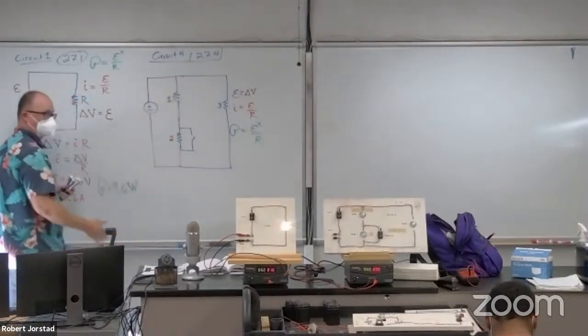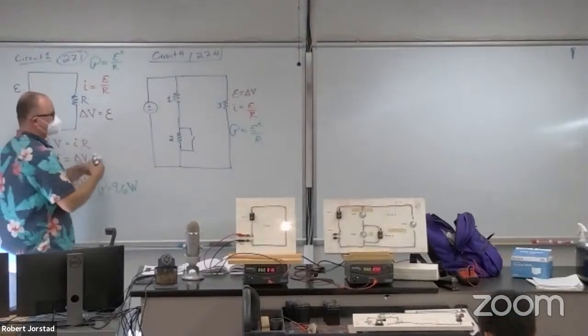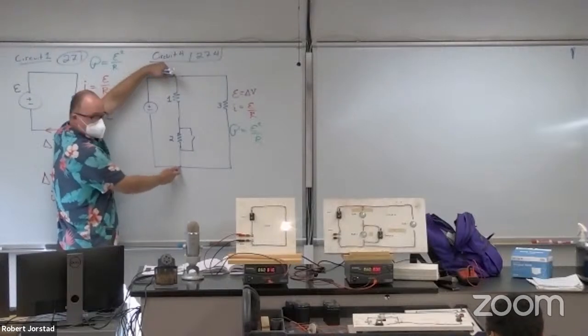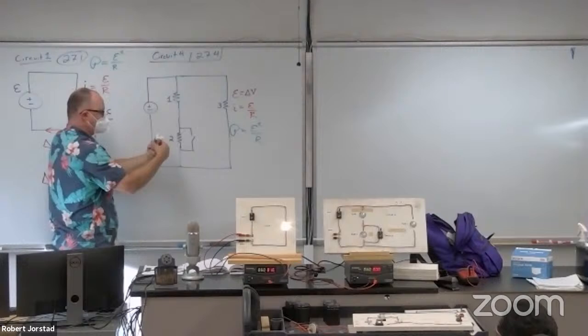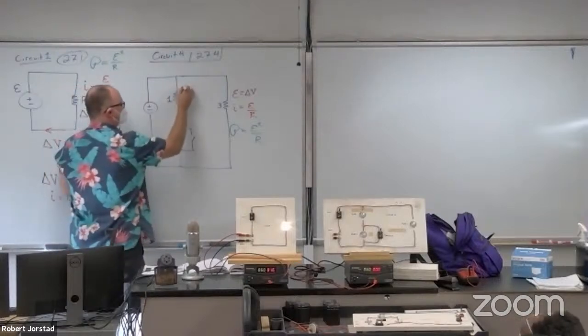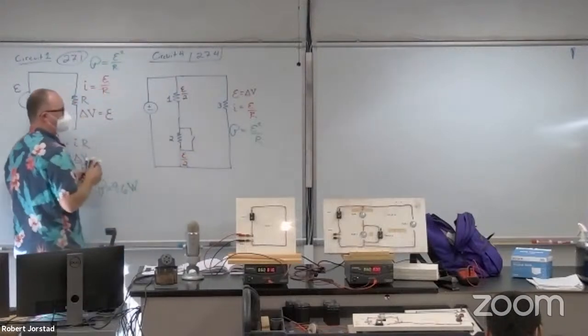What about this branch? That's equivalent to which circuit? Circuit 2. Because isn't this voltage to this E? And then because these are identical, aren't each of these E over 2? And then what about the current?